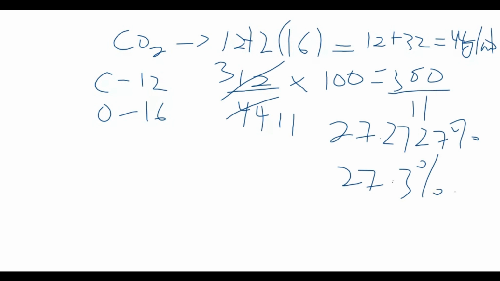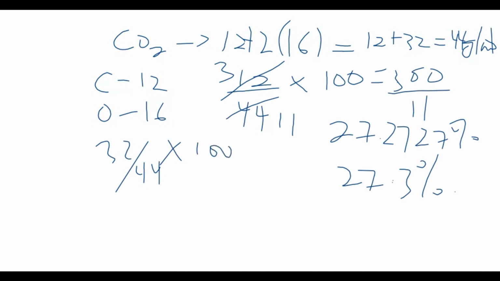Obviously, if you want to find that of oxygen, there are two ways. You can either go by the same route. So this time around it's going to be 32 over 44 times 100.